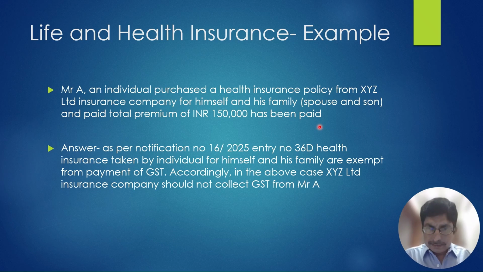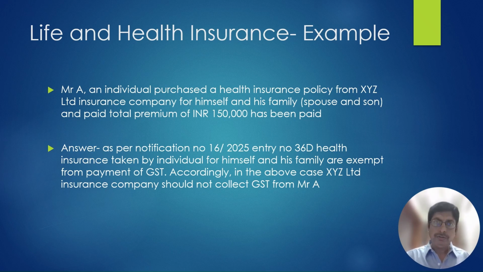So his payment does not have any GST element. This is fully exempt as per notification number 16/2025, entry number 36D, health insurance by the individual for himself or his family is exempt from the payment of GST. Accordingly, in the above case, XYZ Limited should not collect any GST from A.